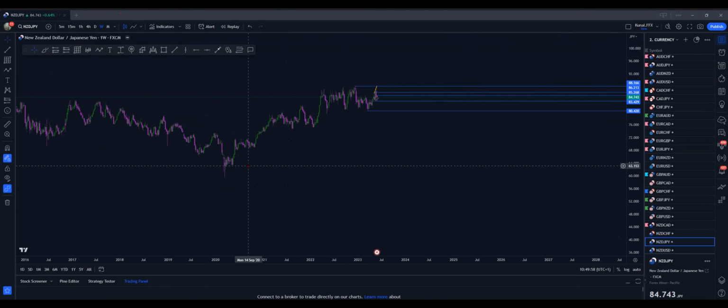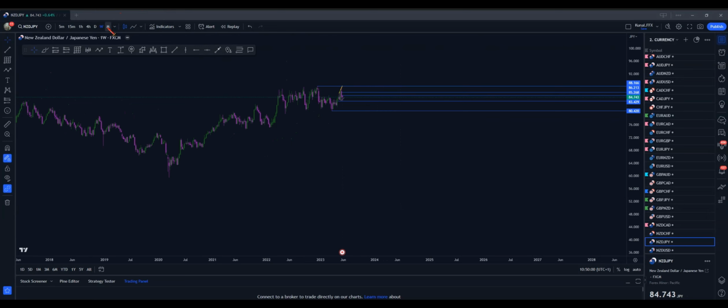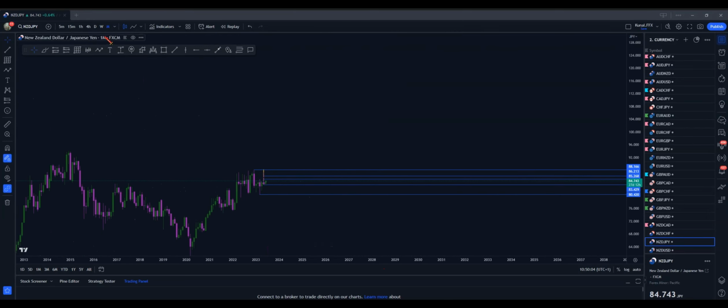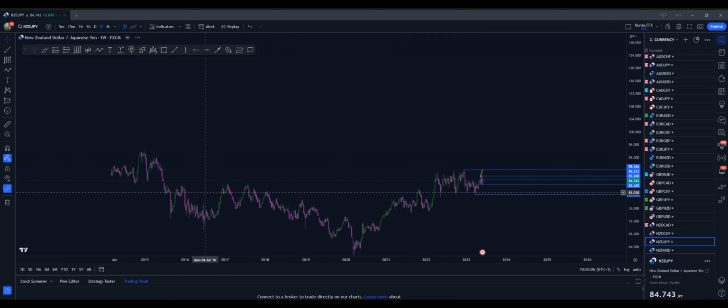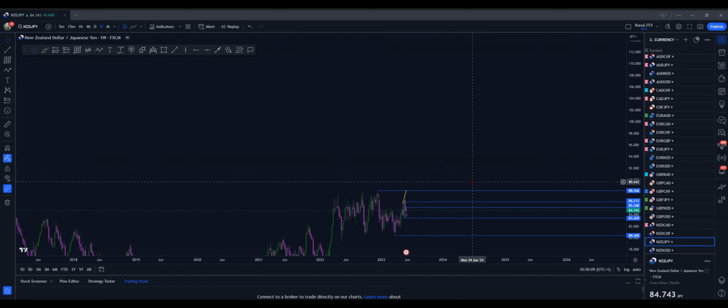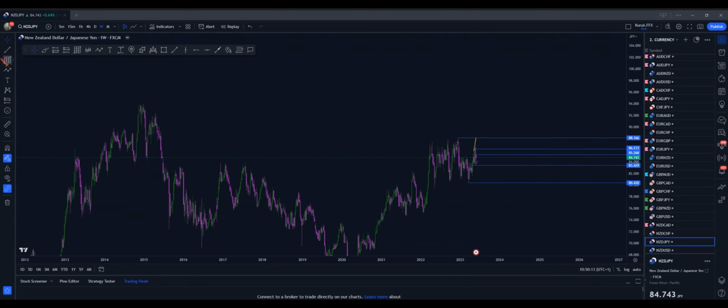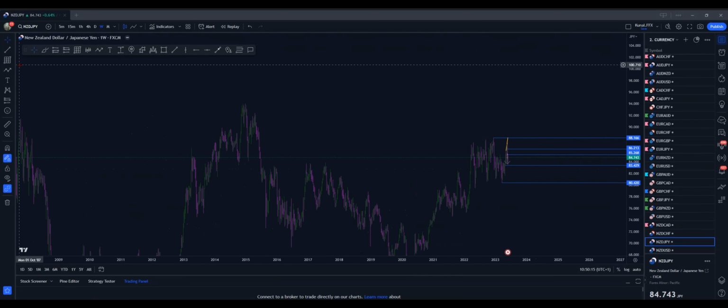Let's see, New Zealand yen. Another yen pair. I think this was the one that I kind of just phased out on, and I was like, nah, it's done. So we had this sort of corrective, we had this push up, corrective price action. It does look like it's going to move up further, actually.